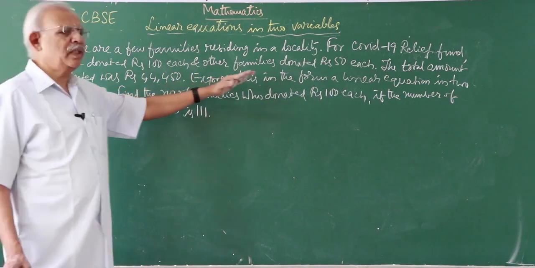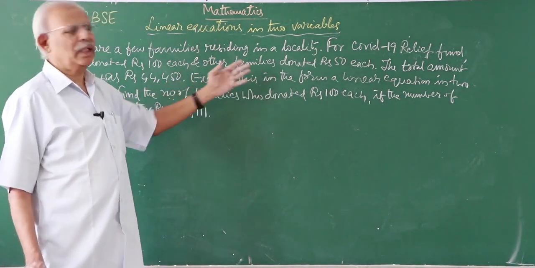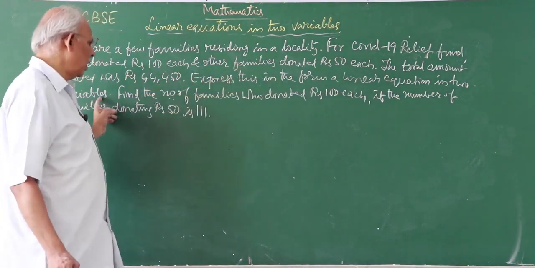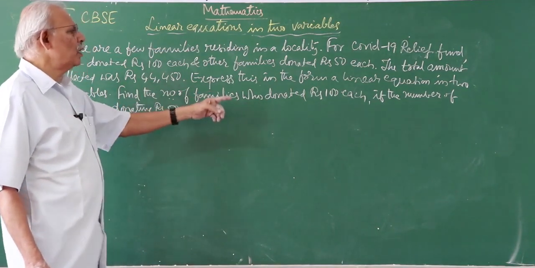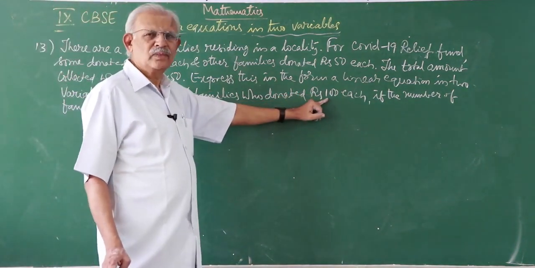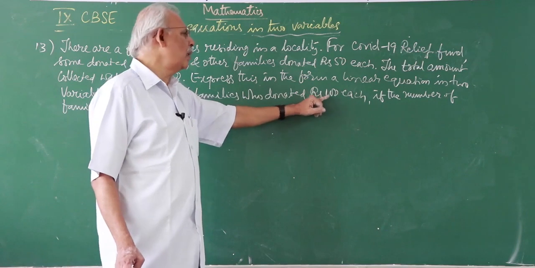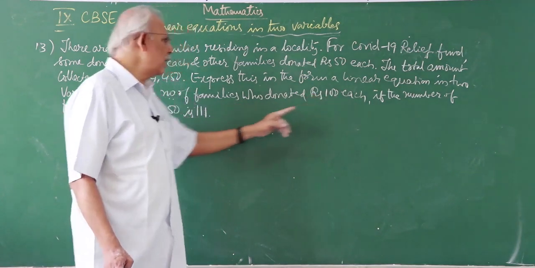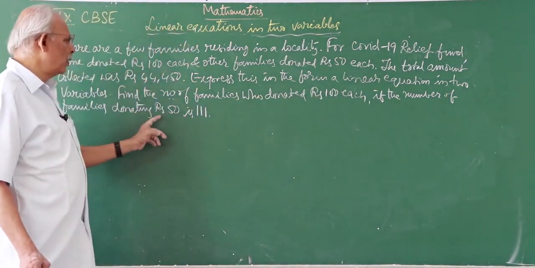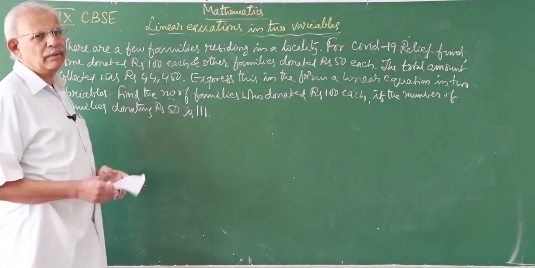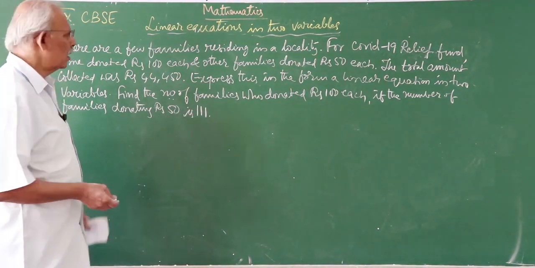Express this in the form of an equation. That is, again you have to form an equation in two variables. Find the number of families who donated rupees 100. That is, how many families donated rupees 100, and it is given that the number of families donating rupees 50 is 111. Now let us start.